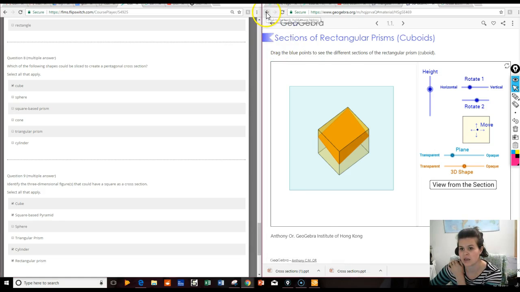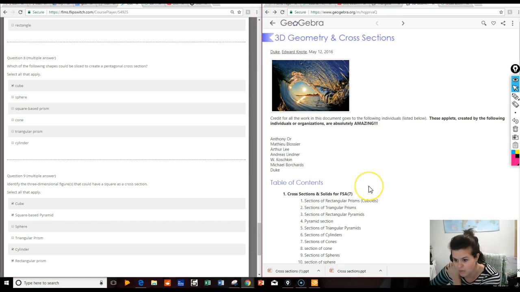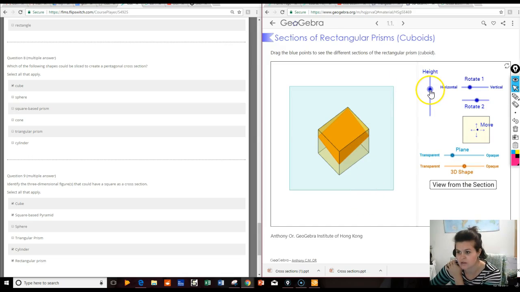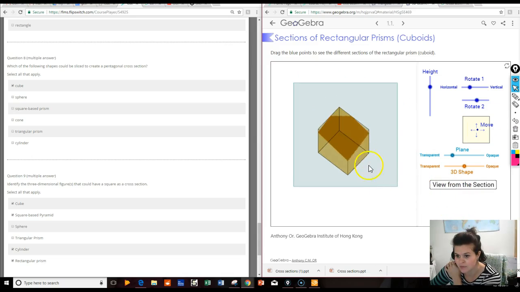So I know in the example it had a cube, so if I move this right there, we could see, we can count that there's 1, 2, 3, 4, 5 sides to that cross section. So a cube, a sphere doesn't have any hard edges, so we couldn't create a pentagon from that.